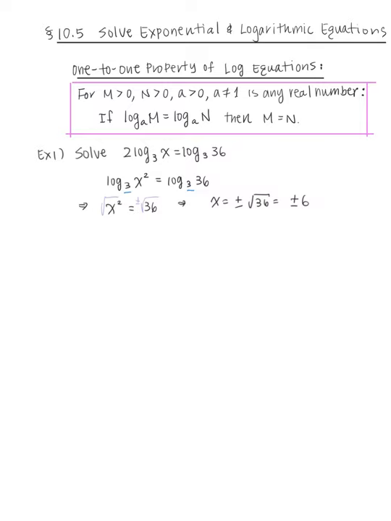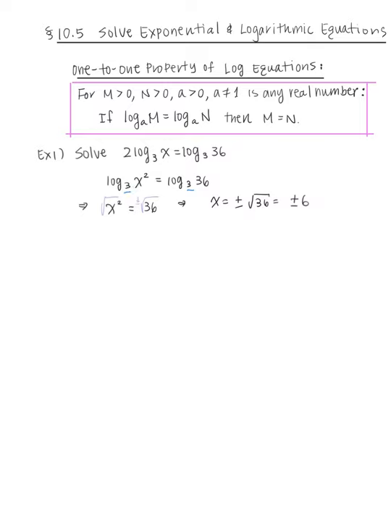So our x is plus or minus the square root of 36, which is plus or minus 6. Now make sure to check your solution, because the argument of the log has to be greater than 0, meaning log base anything of 0 is undefined and log base anything of negative numbers is undefined.